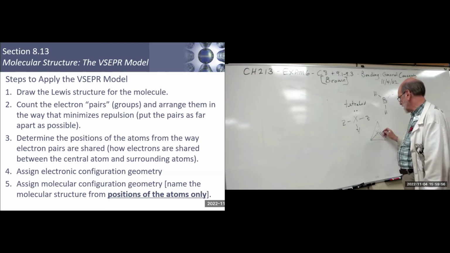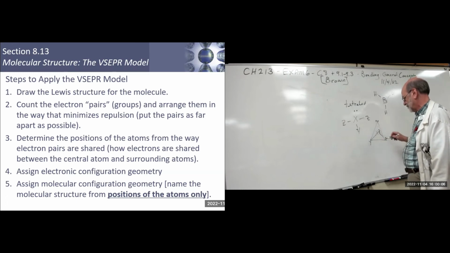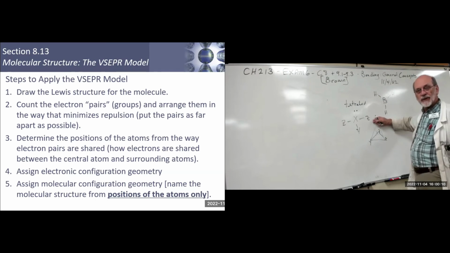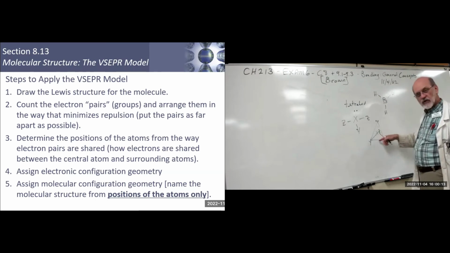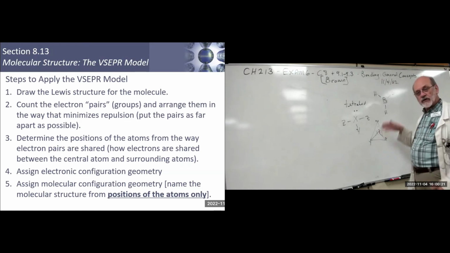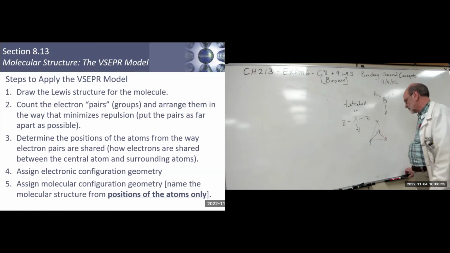Say we have a Z in the back here, and a Z over here, and a Y over here, and a lone pair up there. If you cover up that lone pair, what do you have left? You have a trigonal pyramid, a triangular base with the central atom at the apex. That's the molecular geometry. But we have to do the electronic geometry first. Then we move to the molecular.